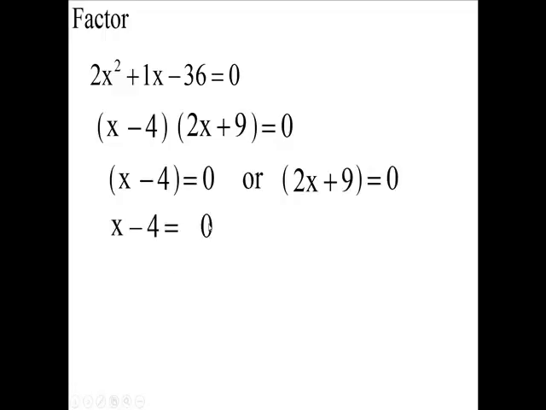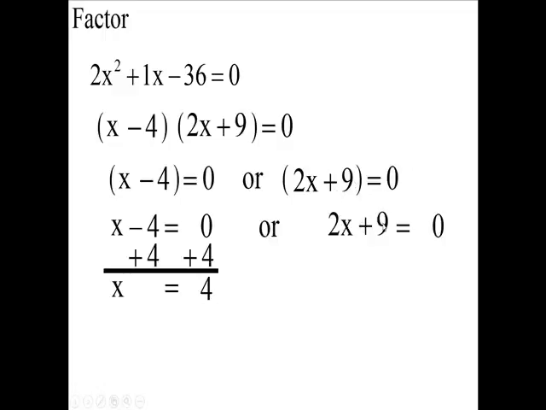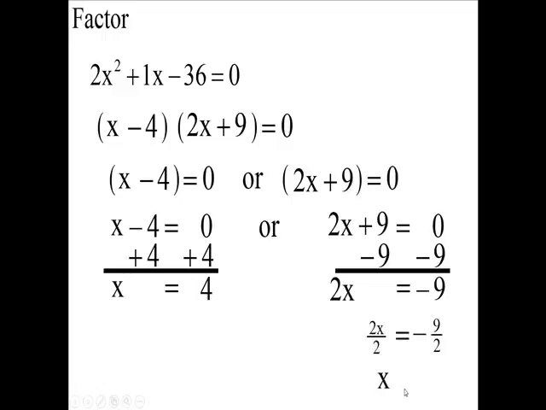If x minus 4 is 0, we can add 4 to both sides, and we'll have x is 4. If 2x plus 9 is 0, subtract 9, and we have a negative 9 on the right. 2x is negative 9. We want to get x, so I'm going to divide the negative 9 by 2, so x is negative 9/2.